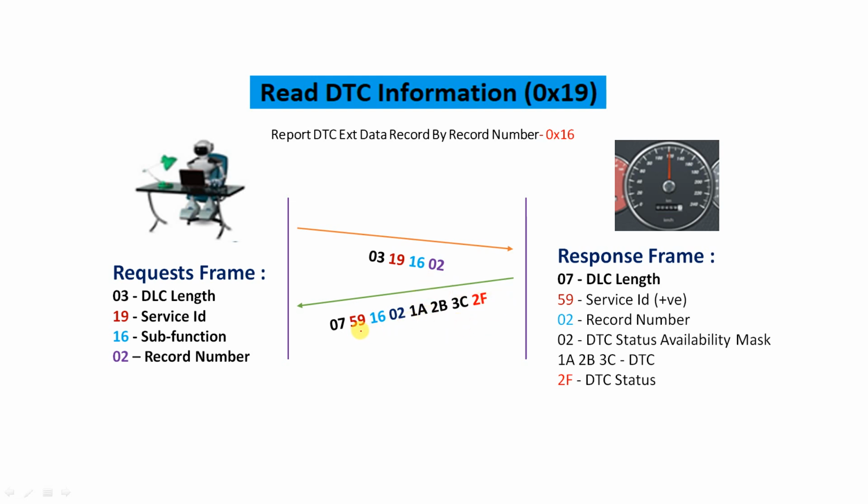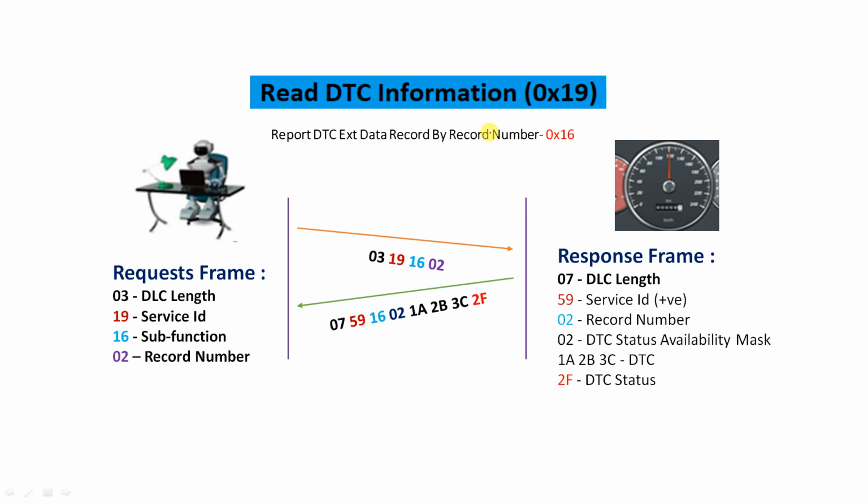So you'll get only these 3 bytes of data if there is no DTC under this record number in your system. It's not that the developers didn't develop it, but there is no fault, so you'll get only a positive response without any DTC.